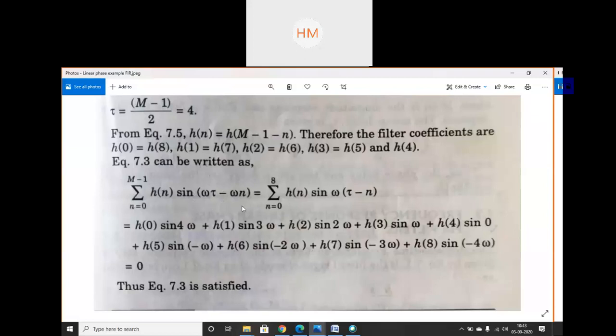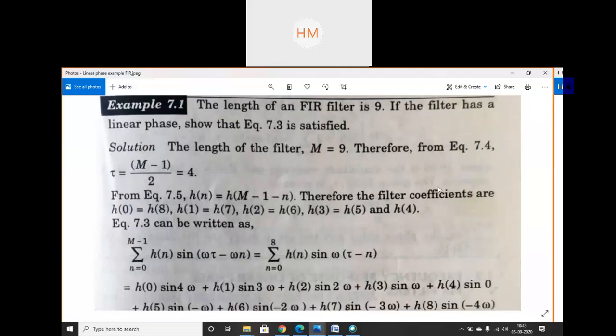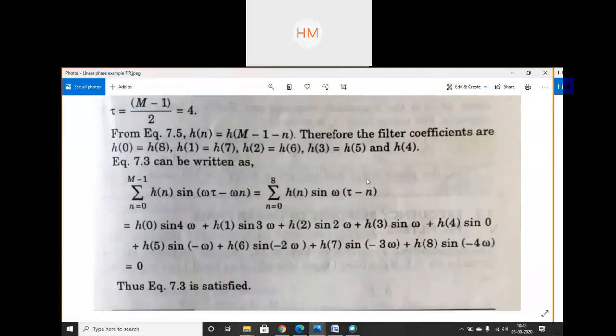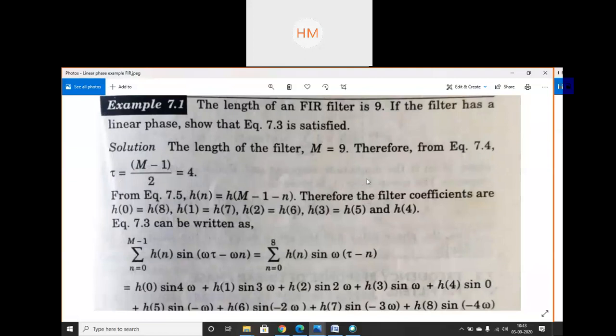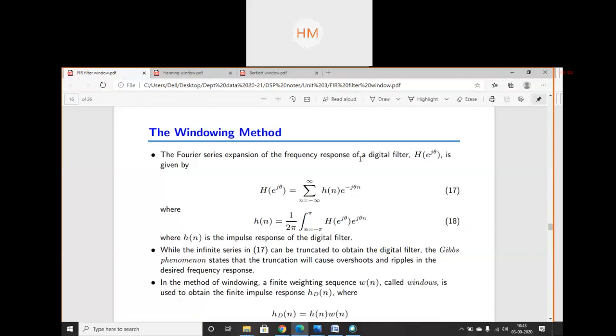Hence, we can say the filter having length 9 is linear. So it's clear now. We will move ahead.